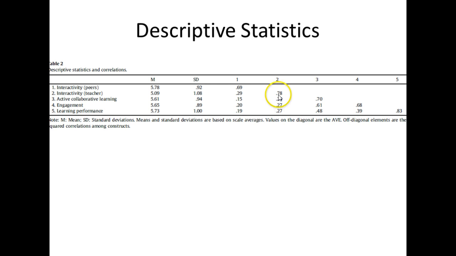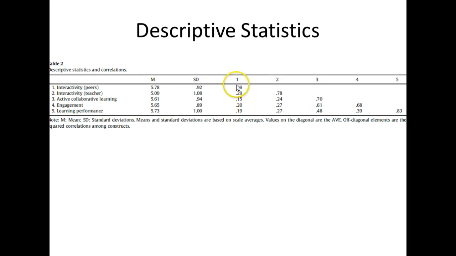So we're looking at among all of the items in that particular construct, the R value of those that were included, we can see comparatively which one was stronger. So learning performance was the strongest one in terms of the items that were in that construct actually explaining that construct.